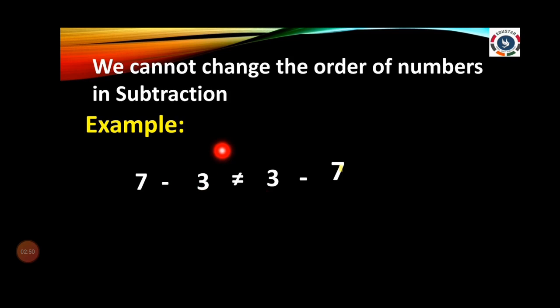So the left side is correct but the right side arrangement is wrong. If you change the order, we cannot subtract the values. So 7 minus 3 is not equal to 3 minus 7.